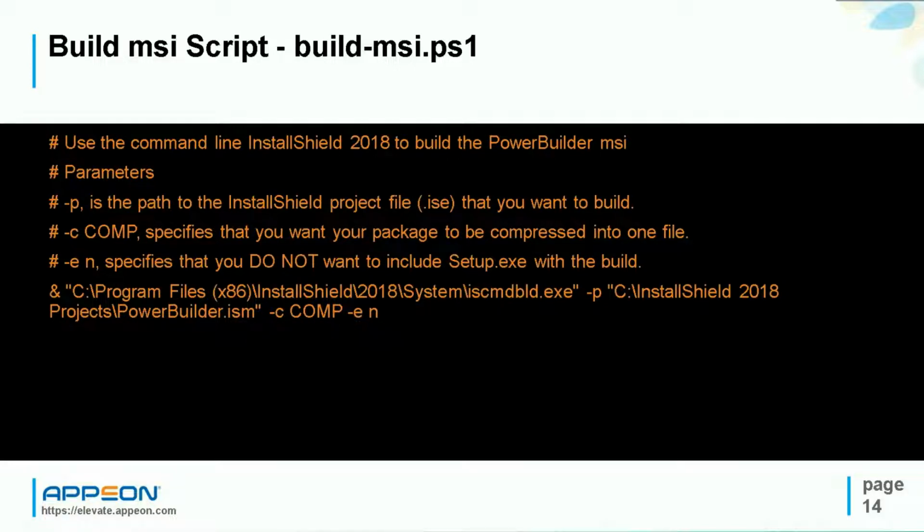So this basically uses all the settings in this file called PowerBuilder ISM, which defines all the files, and all the DLLs, and all the registry entries that are going to be used as part of my build. Basically everything we just copied in the previous step, plus the registry changes, and it builds the MSI.